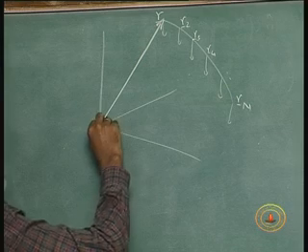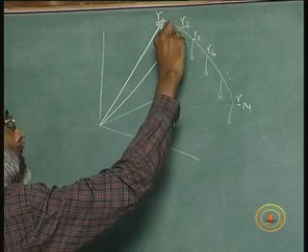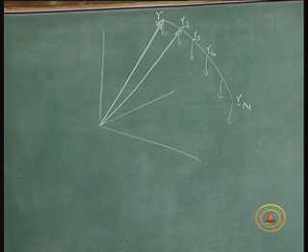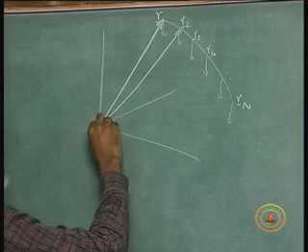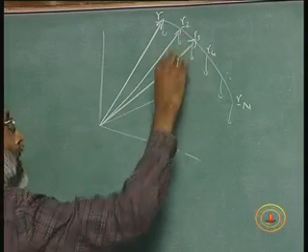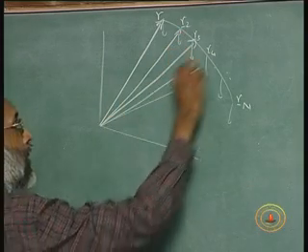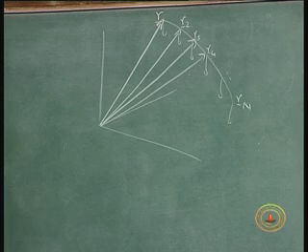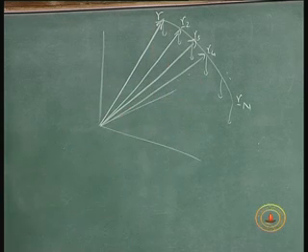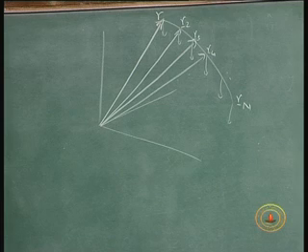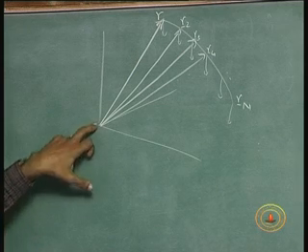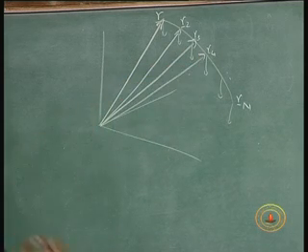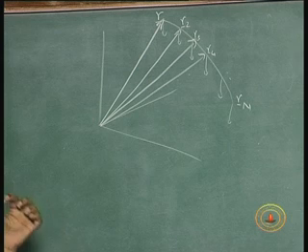R2 would be a line joining the second point, R3 to the third, R4 to the fourth. So every point in space defines an arrow going from origin to that point that has a distance and it has a direction.